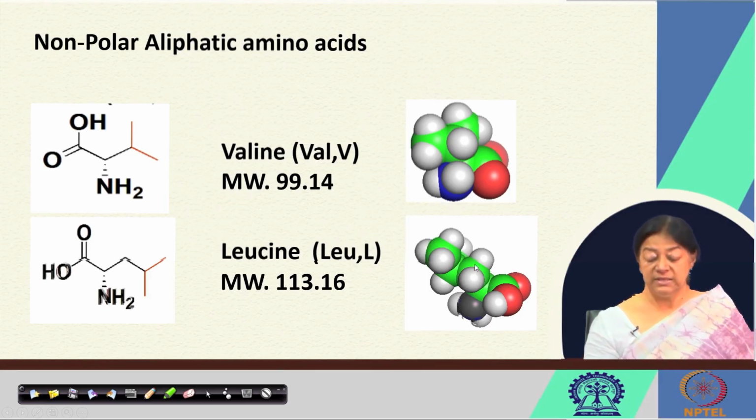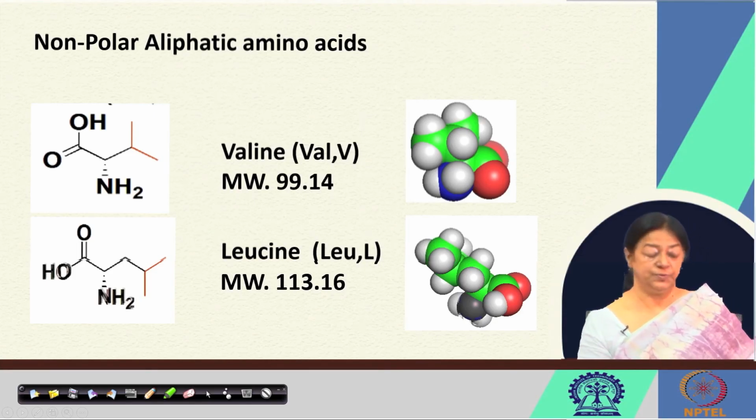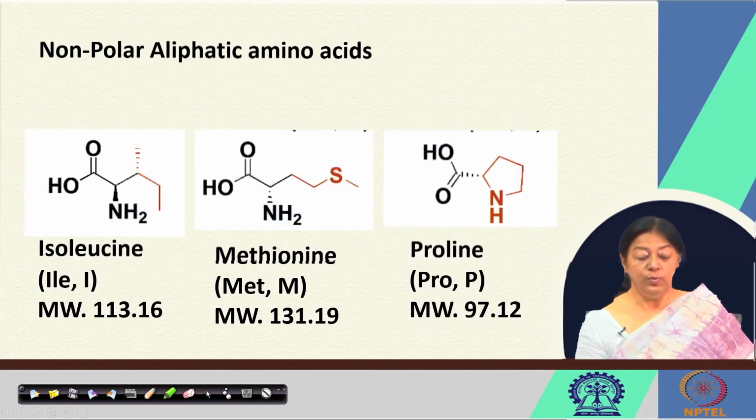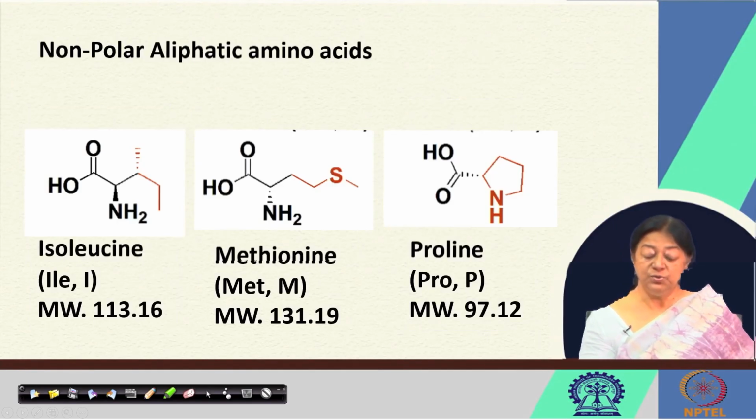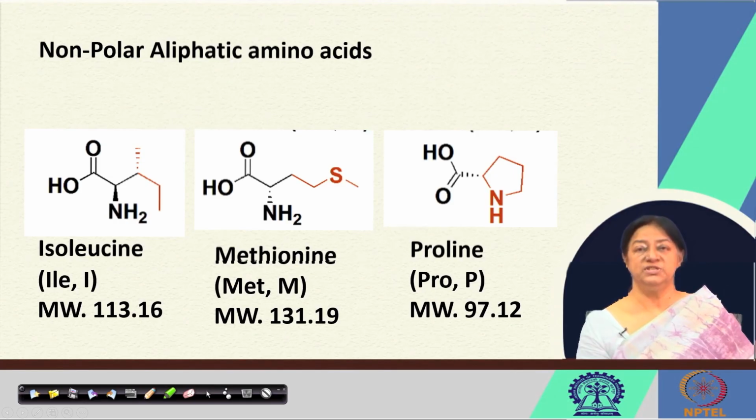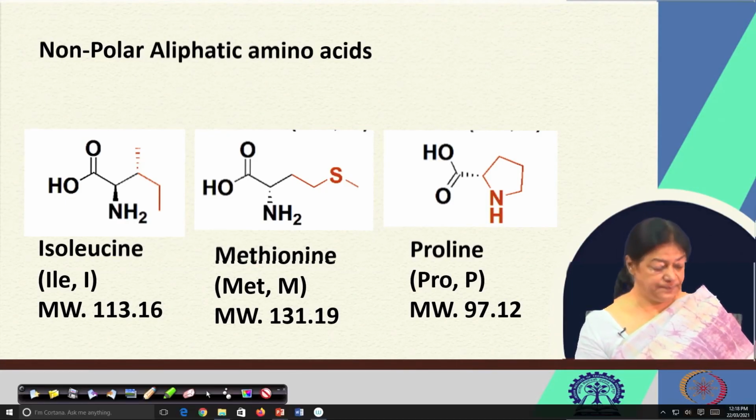This means that these are aliphatic in nature because they are not aromatic, as we can see just straight chain compounds, and they are non-polar in nature. Similarly, we can have aliphatic amino acids. Now we have isoleucine, methionine, proline, which is very unique in its representation because it folds back upon itself in its side chain, forming what is known as an imino acid.